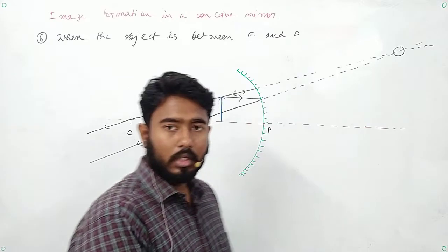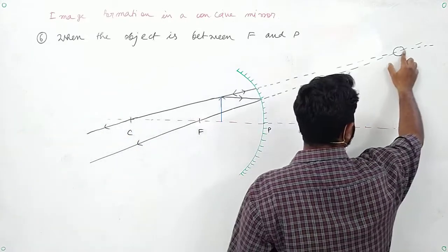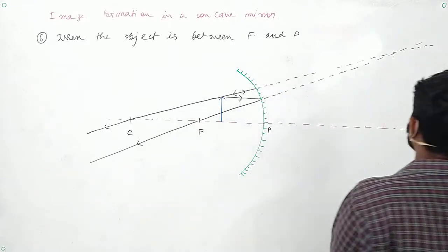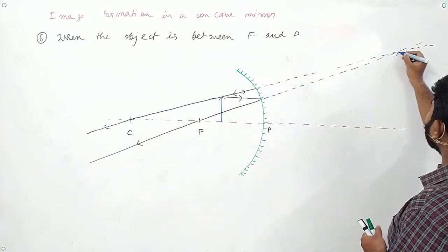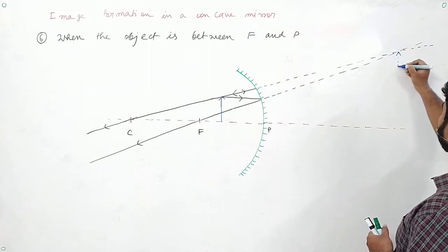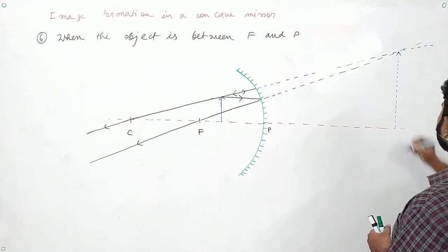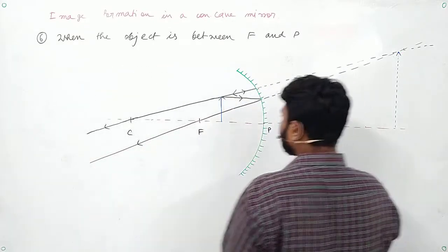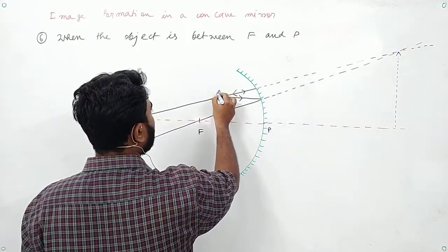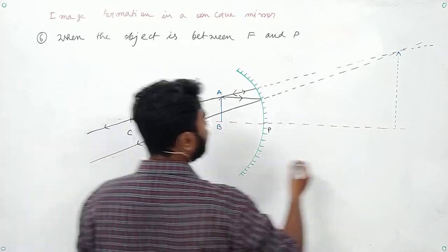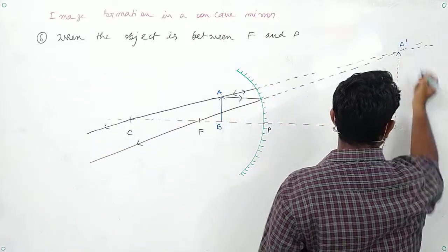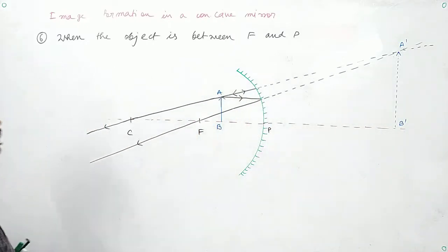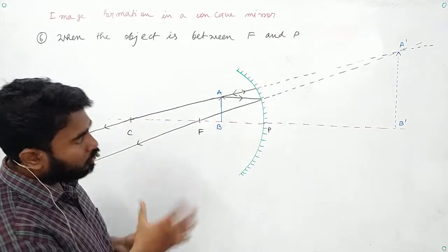Now if they meet at this point virtually, then we can draw a virtual image at this point. Okay, so if this is A, this is B, this one will be A dash, this one will be B dash, right? So what do we see?